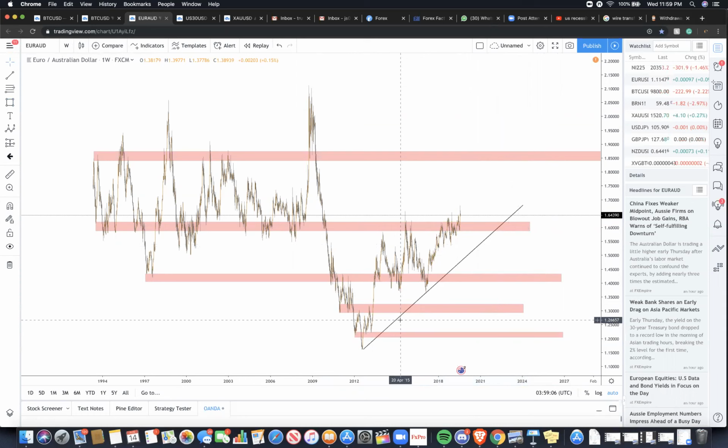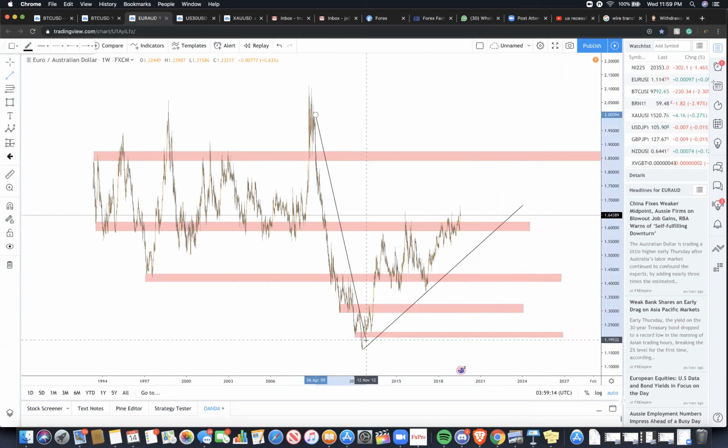So I got the zones, right? I have my trend, right? The first step was to find the structure, right?